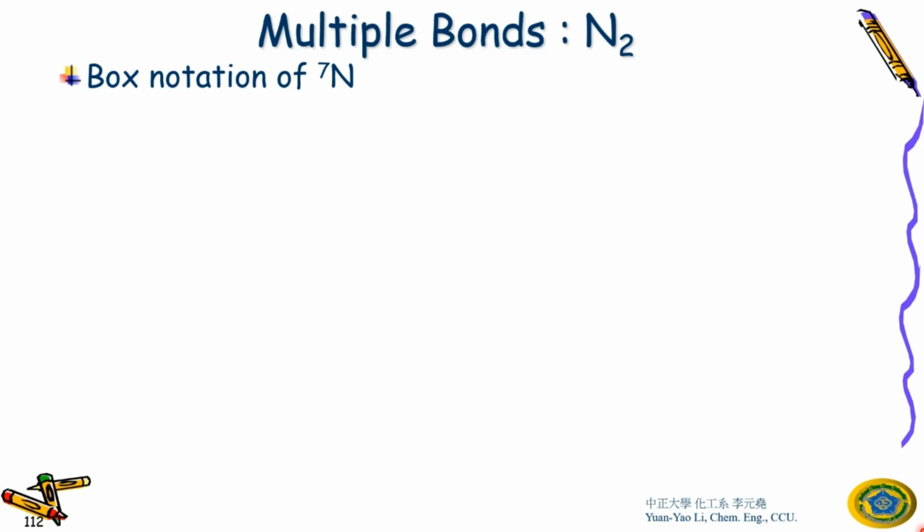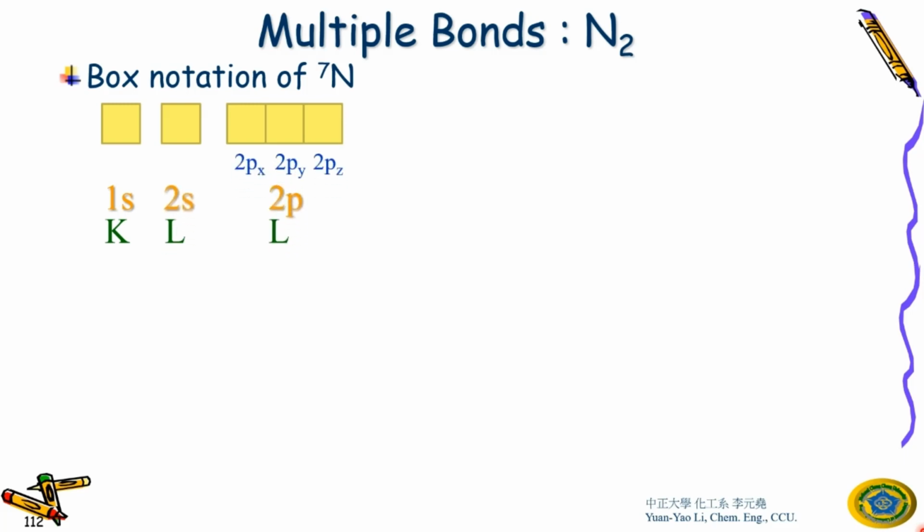Again, let's draw the box and write down the box notation for nitrogen. Nitrogen has 7 electrons, right? 1s, 2s, 2p. According to the Aufbau principle, you can place 7 electrons in this box notation. Okay, it looks like this.